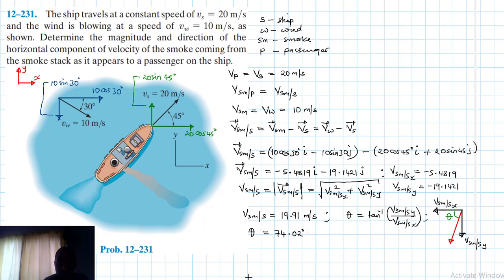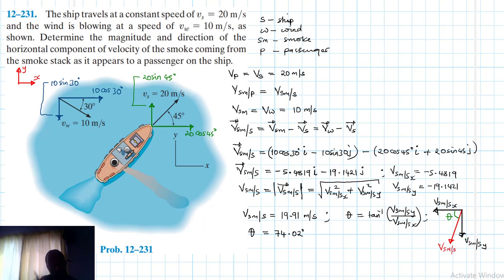Okay, let me check it again: 19.1421 divided by 5.4819. Let me just write down that this one here is the magnitude V_SM/S, like so.